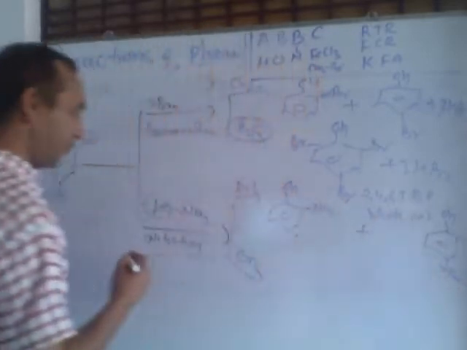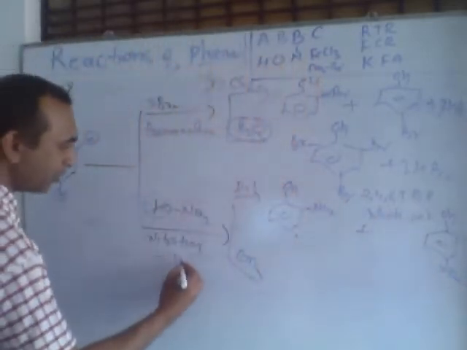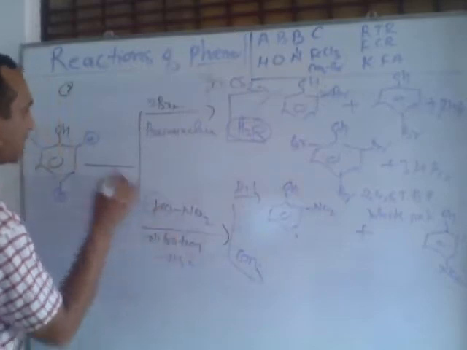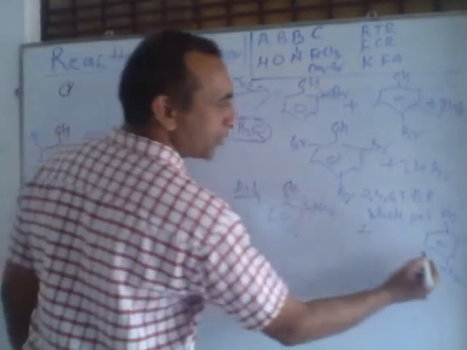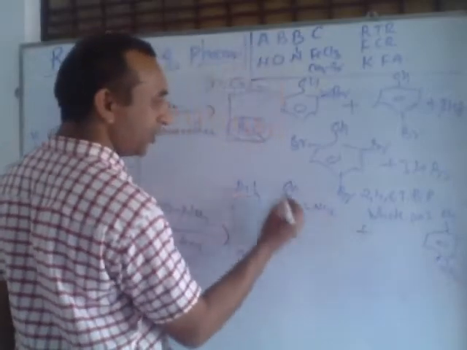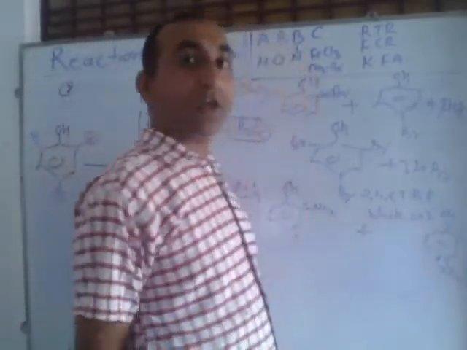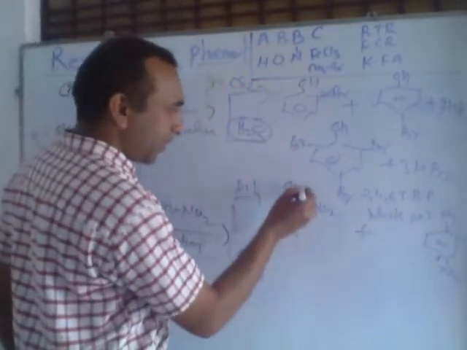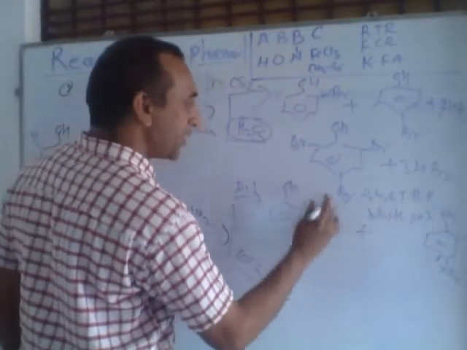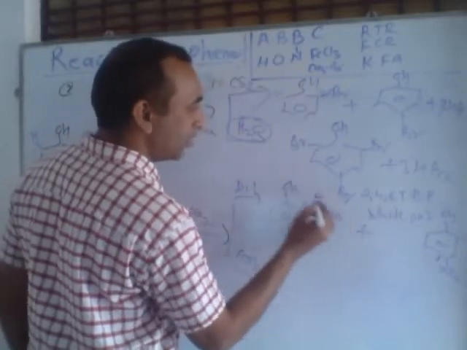These two products form along with removal of water. From here OH and H are removed, and NO2 connects at the ortho or para position. This is ortho nitrophenol and this is para nitrophenol.